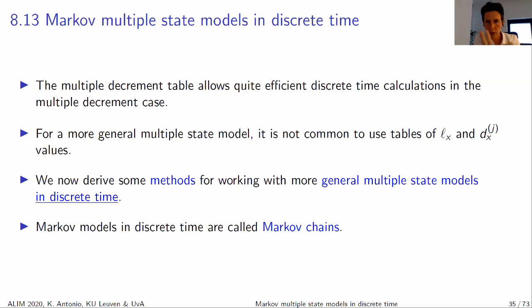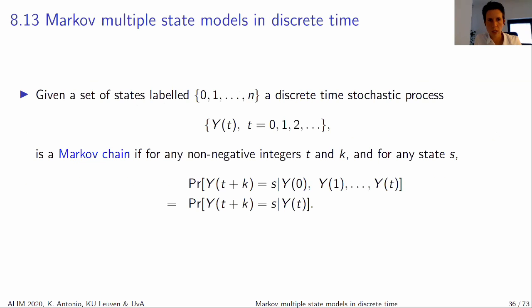If you look at Markov models, and that was one of the first assumptions we made in this chapter on multiple state models, if we work with these Markov models in discrete time, we're going to refer to that as Markov chains. And the crucial assumption to speak about a Markov chain is the following.